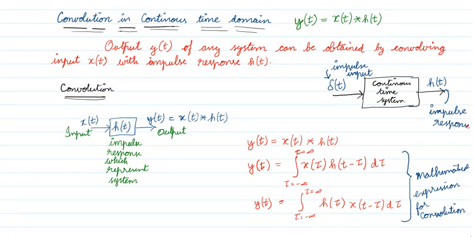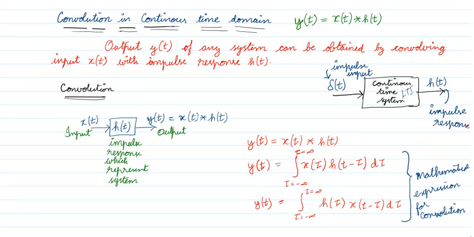So again, we'll see what the impulse response is. Take a linear time invariant, LTI, continuous time system. If you give the impulse input, that's delta of t, we get the output represented by h of t.